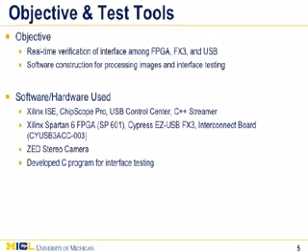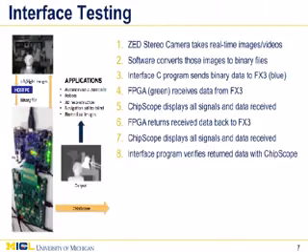Interface programs send binary data to FX3 to test the stream out, and ChipScope displays real-time signals of what the FPGA receives. Similarly, FPGA sends the generated data to FX3, and software returns what FX3 receives. The generated output, which shows the depth of the images, can be used for many applications as described earlier.